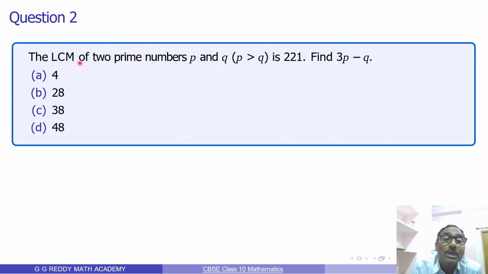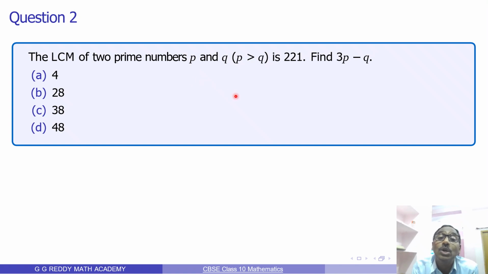Question 2. The least common multiple of two prime numbers p and q, p greater than q, is 221. Find 3p minus q. Here the LCM is given for two prime numbers p and q, so you need to find those two prime numbers.